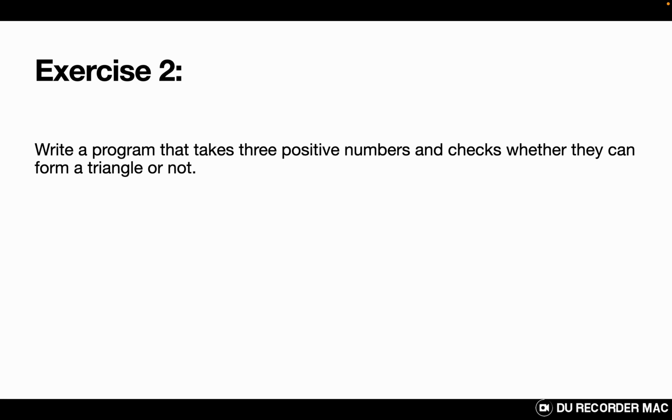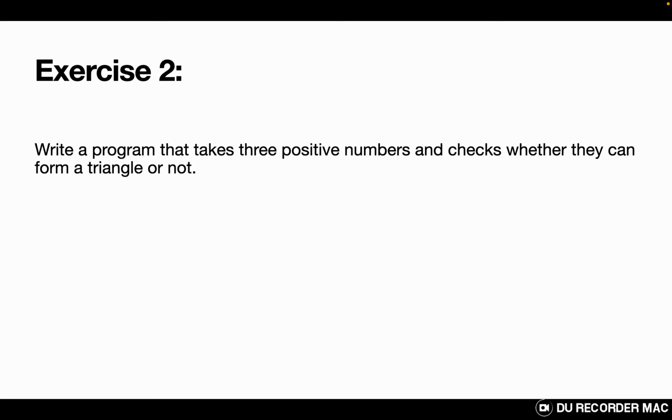So it is important that I first check the 3 numbers that the user writes on the console are positive and greater than 0. Then I should check whether they can form a triangle or not.